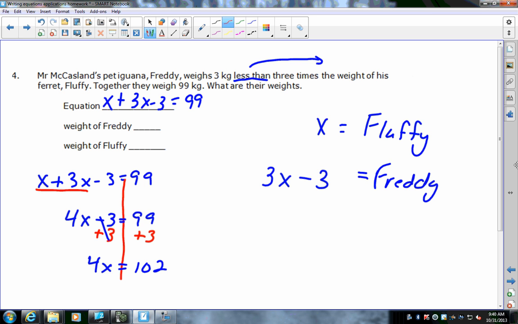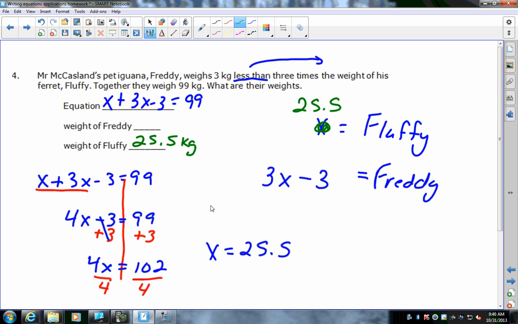I hope that works out nicely. Oh, well, x equals, what is it? 25.5. Now, can something weigh 25.5 kilograms? Sure can. So that's how much Fluffy weighs. 25.5 kilograms.